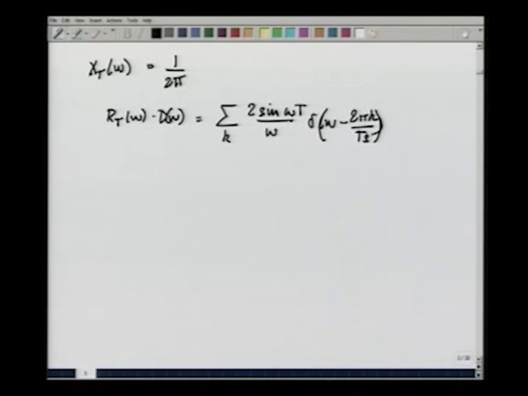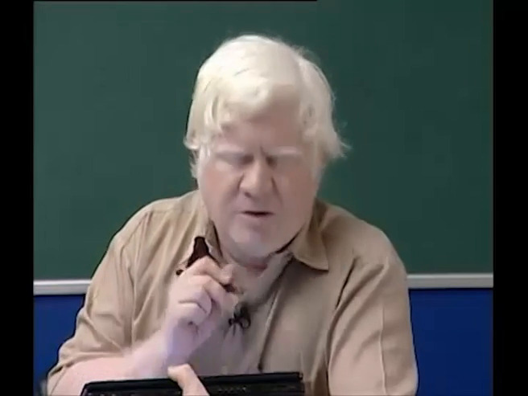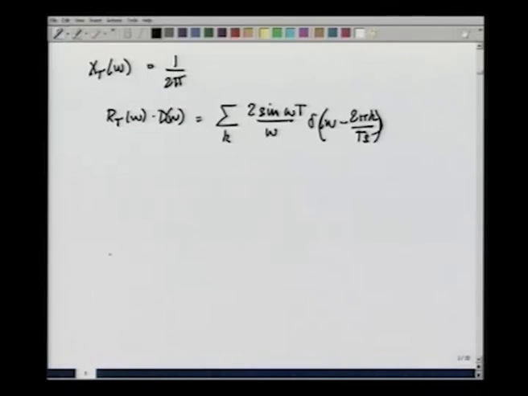This is an impulse train of varying heights, and this is now convolved with X omega to get X_T omega. So, X_T omega is 1 by... have we missed something over here? I think we have.